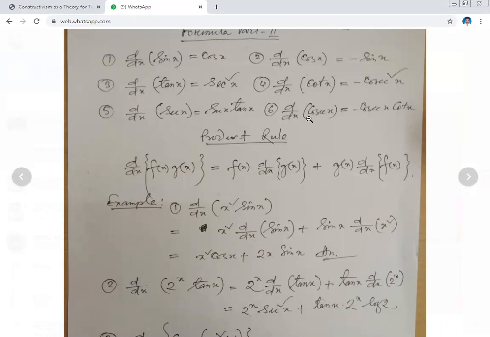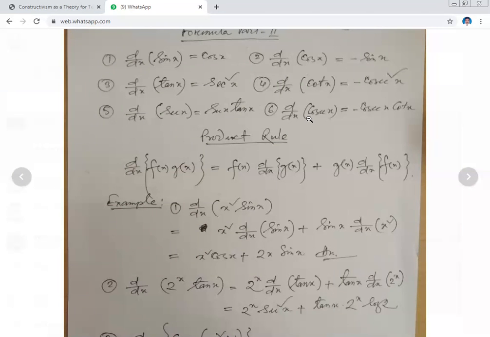All these results can be obtained using the definition. So these are formulated using the fundamental concept of derivative using definition. So as I told you, using the definition to differentiate the function is very laborious.